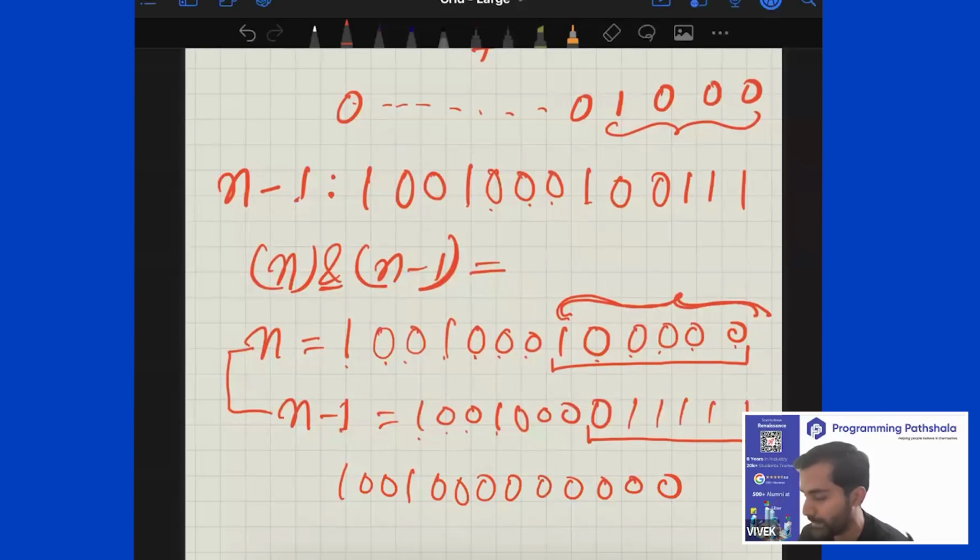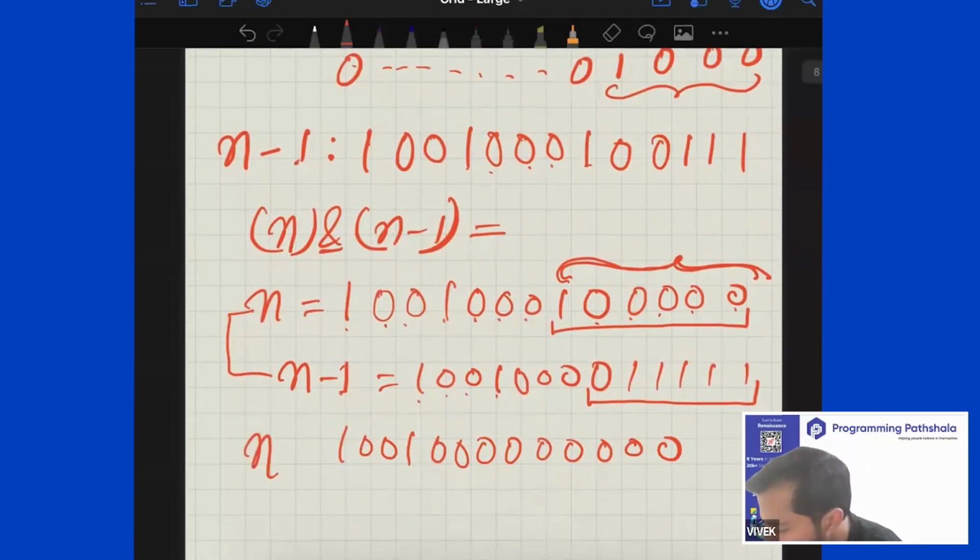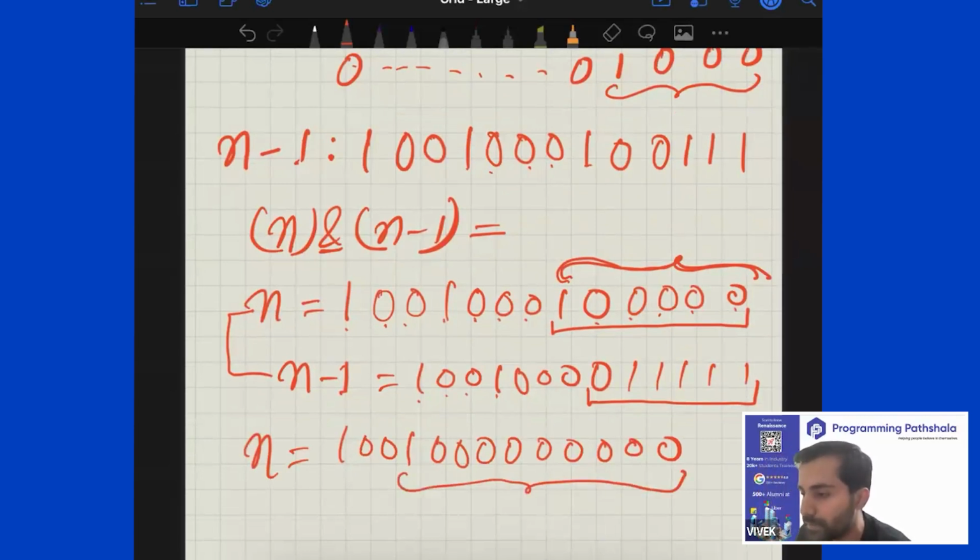Now let me quickly correlate. If you have a number, that number always has a tail, which is a power of 2. By tail, I mean the first one as found from the end. Of course, this tail will be some power of 2.